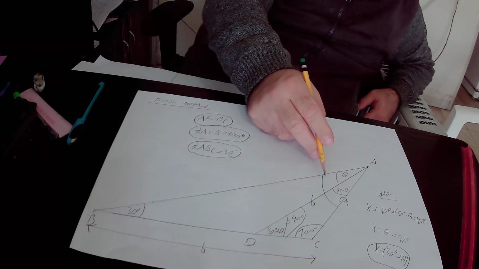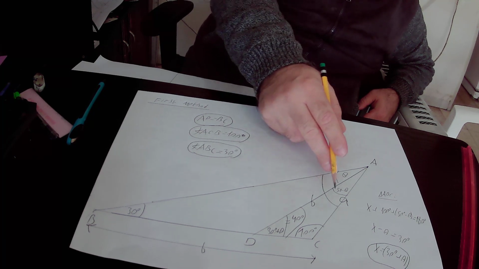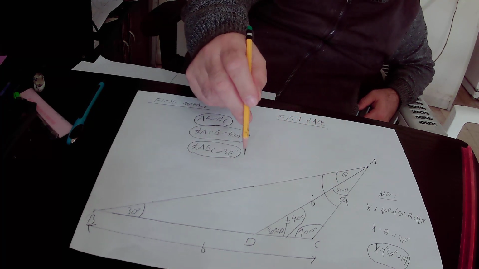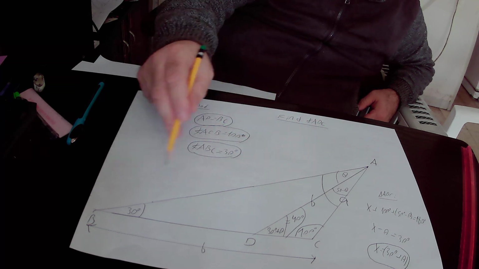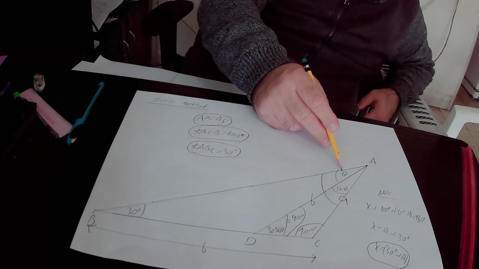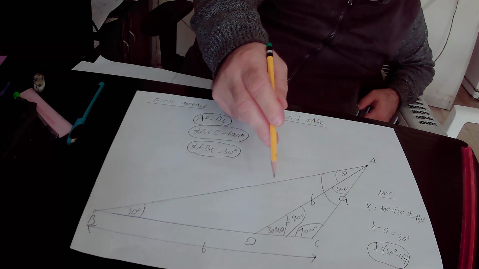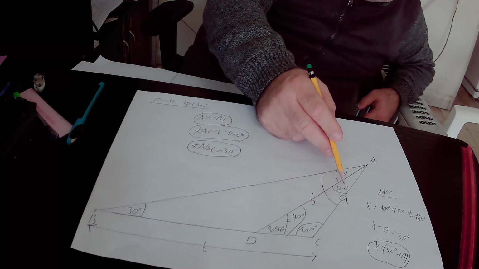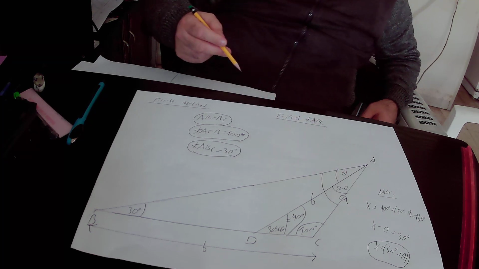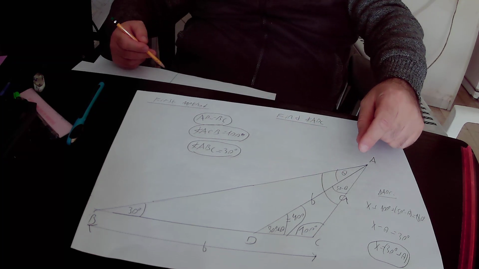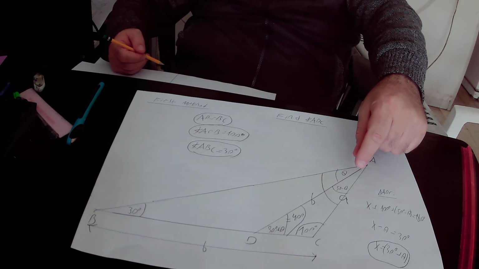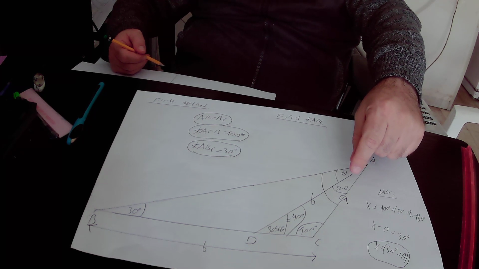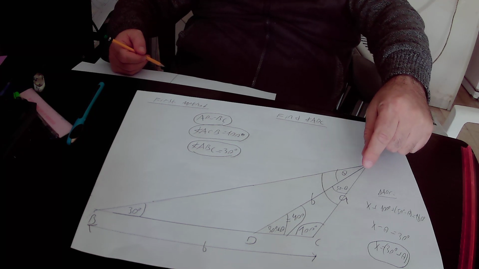So if angle DAB equals theta, then the rest, that is angle DAC, must be equal to 50 degrees minus theta, in order that the sum of those two angles will be equal to 50 degrees.